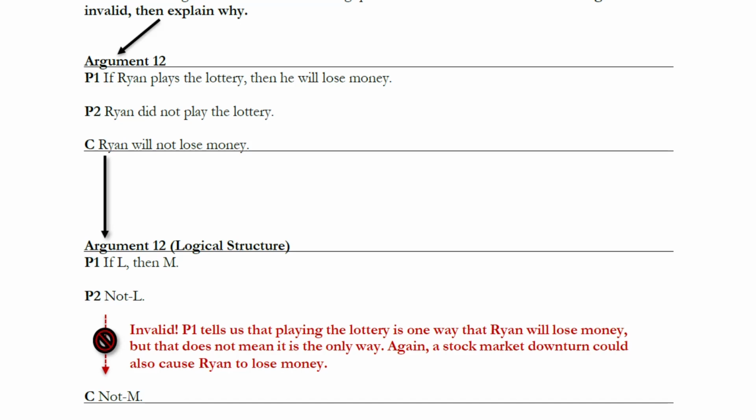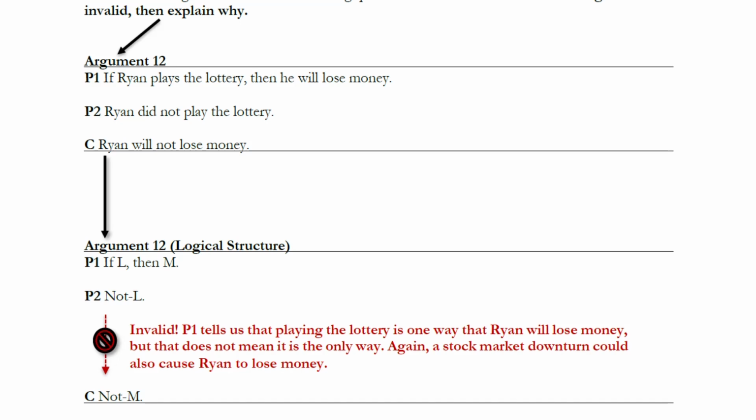However, once again, it is important to emphasize that this is not the only way in which Ryan might lose money. As stated previously, Ryan could lose money by getting robbed or suffering the misfortune of a stock market downturn. With this in mind, let's look at P2 and the conclusion.